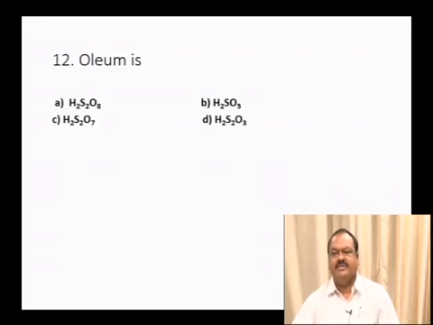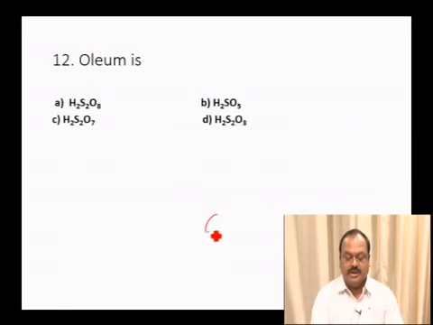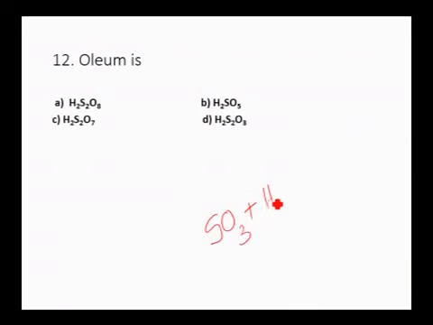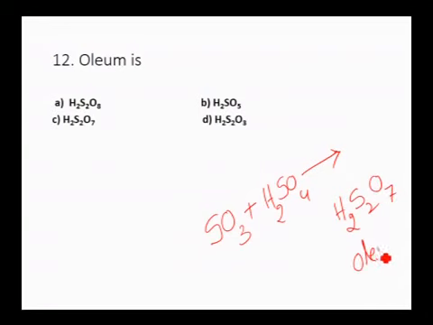As you studied in manufacturing of sulfuric acid by contact process, sulfur trioxide gas is absorbed in 98% sulfuric acid to form oil-like liquid called oleum, that is SO3 plus H2SO4 gives rise to H2S2O7 called oleum. So, the oleum formula is H2S2O7. So, the suitable answer is C.